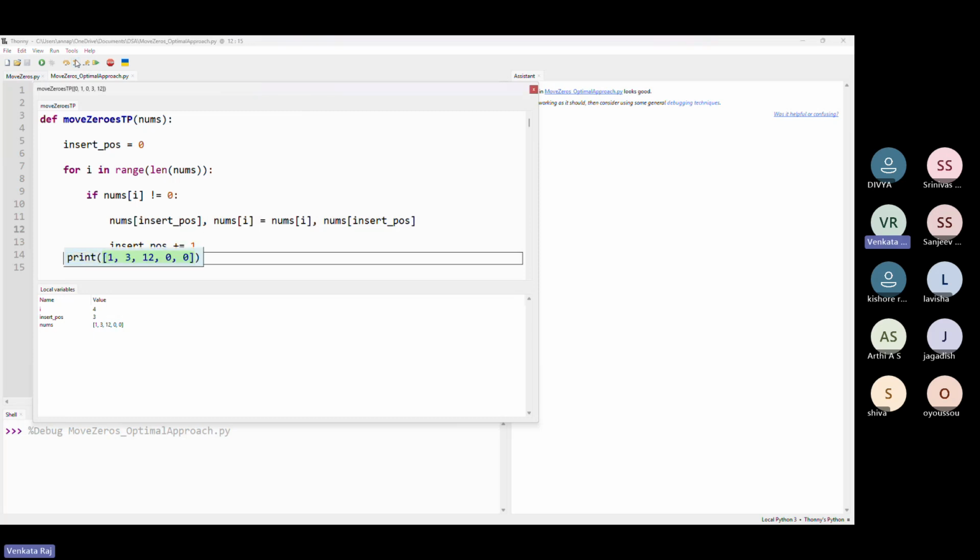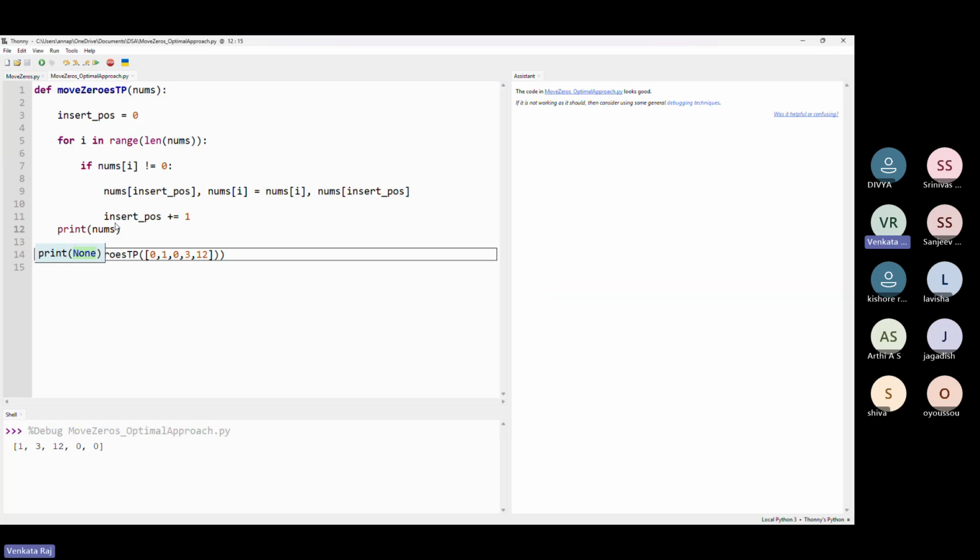Now we have reached the end of this for loop. The for loop has traversed all the elements, so we are exiting it. After we exit the for loop, there is nothing else in the function to run, and it returned the value back. So you see the value is 1, 3, 12, and 0, 0.